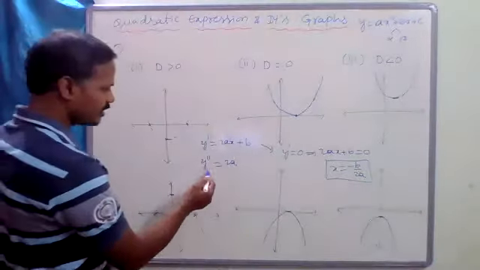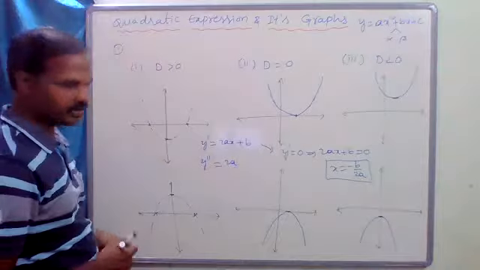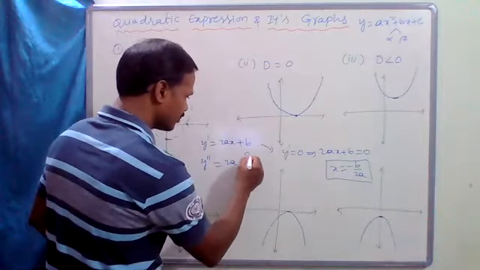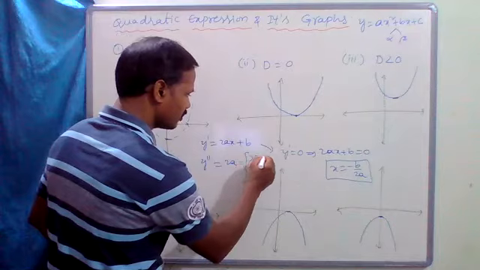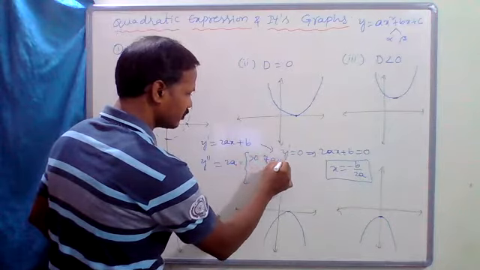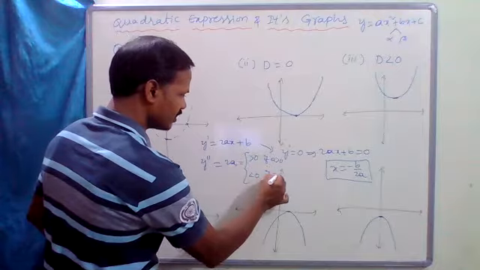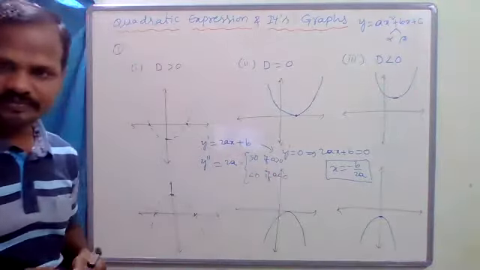What about the second derivative? 2a, which is greater than 0 if a is greater than 0, and less than 0 if a is less than 0.